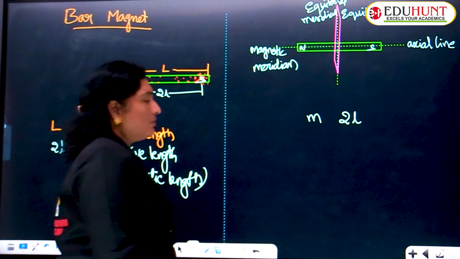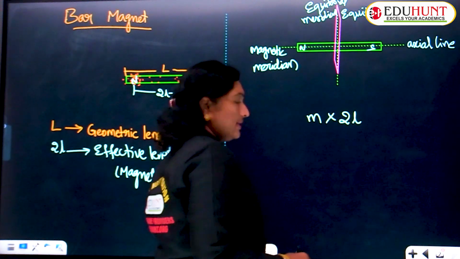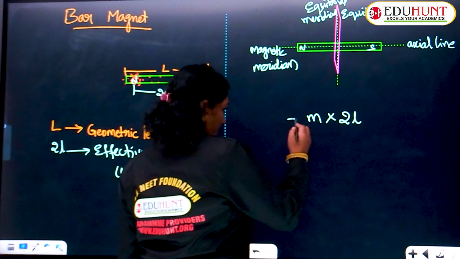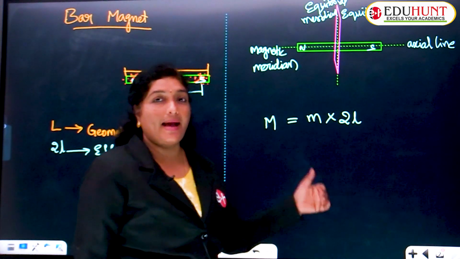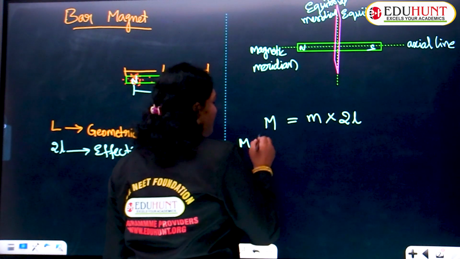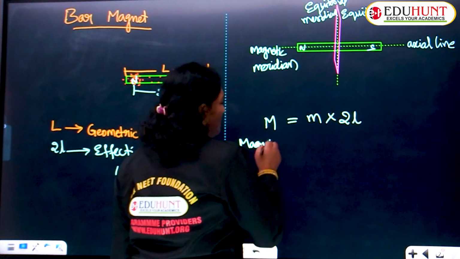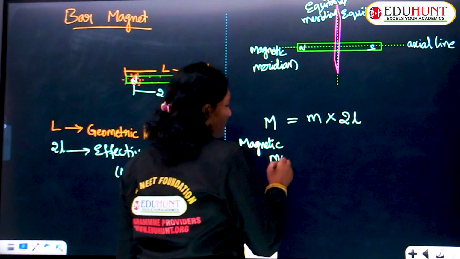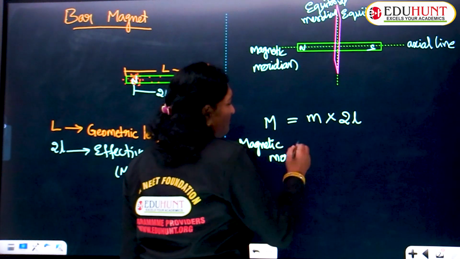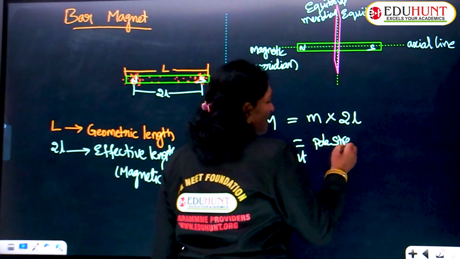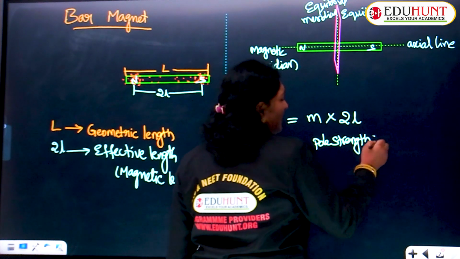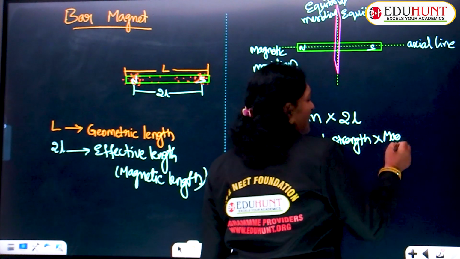Okay. So, if 2L indicates the magnetic length and m indicates the pole strength, the product of pole strength and the magnetic length gives you magnetic moment. So, what does this M indicate? M means magnetic moment. This magnetic moment is defined as the product of pole strength, the strength of each pole, multiplied by the magnetic length.